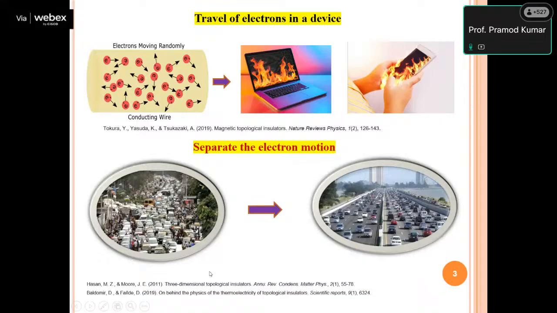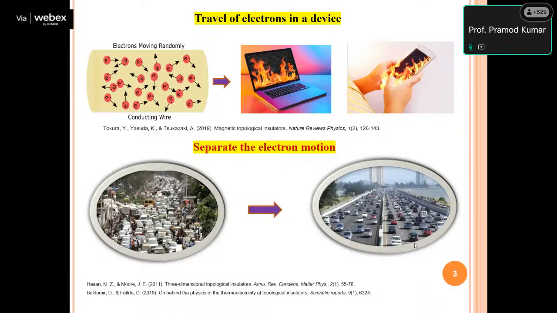But whenever we have a two-dimensional material, specifically a topological quantum material, we can understand it this way. It is like vehicles moving in both directions on a single-lane road, which causes a huge traffic jam. If you convert it to a highway, a freeway, where vehicles move in one direction and other vehicles move in the other direction, there is no traffic jam.